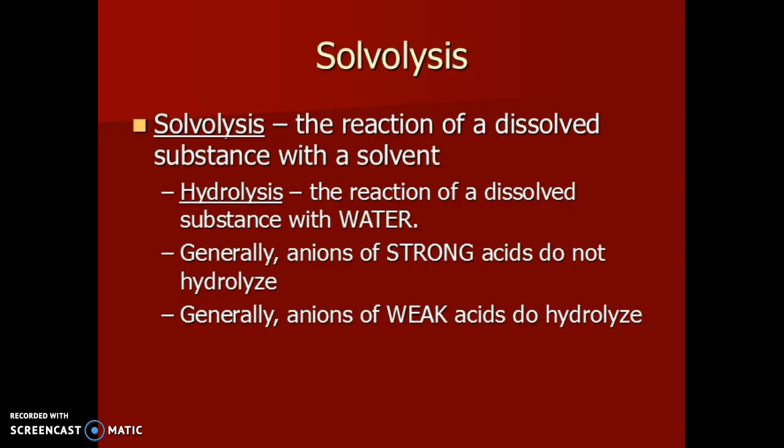Now, from the previous video, we saw that if your anion reacts with water and combines with the hydrogen from water, if it forms a strong acid, that reaction will not occur. However, if that anion does react with the hydrogen and create a weak acid, which we know, since there's only 7 strong acids, there's a lot of weak acids out there, that reaction will in fact occur and set up its own equilibrium.